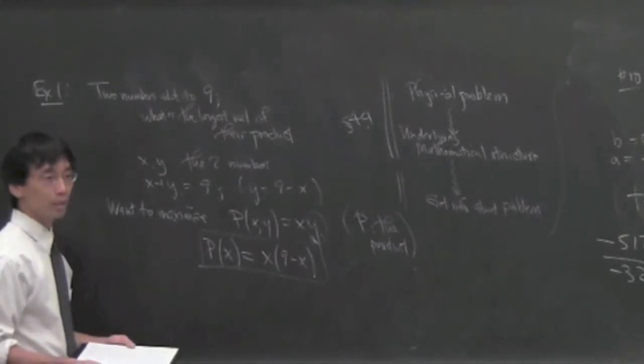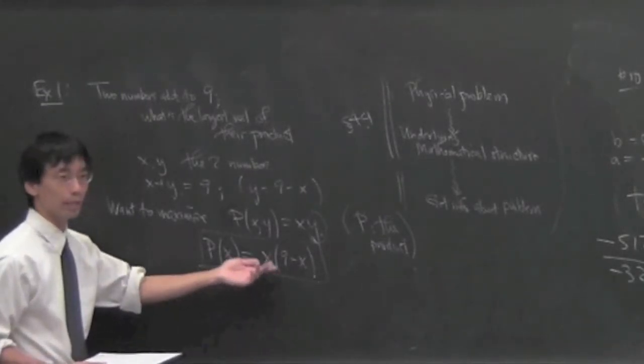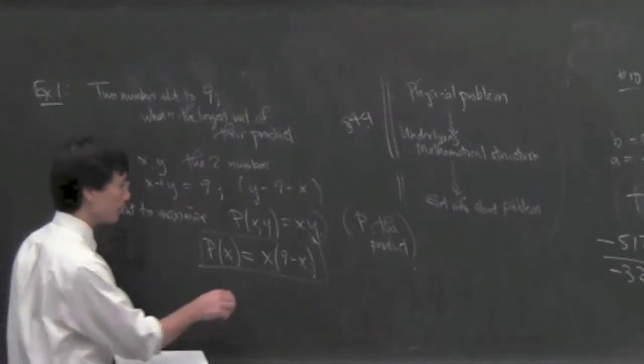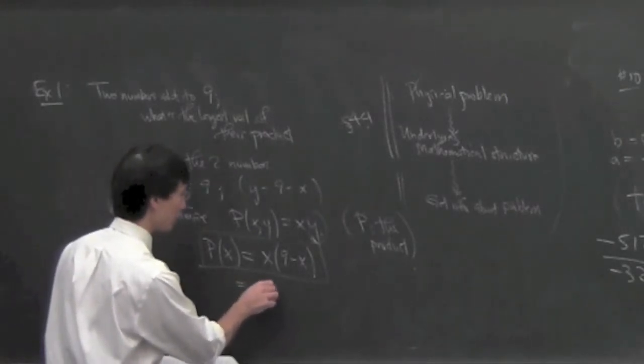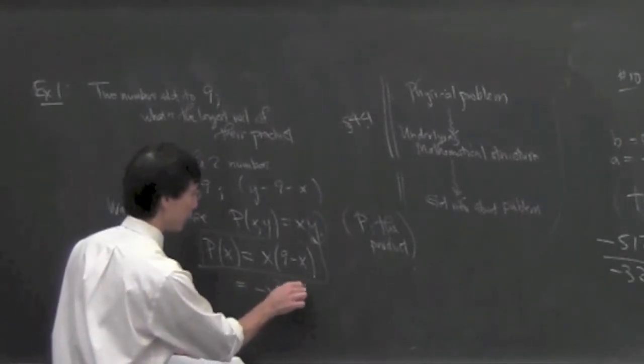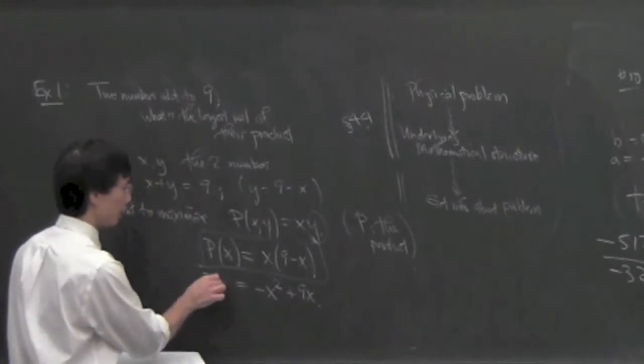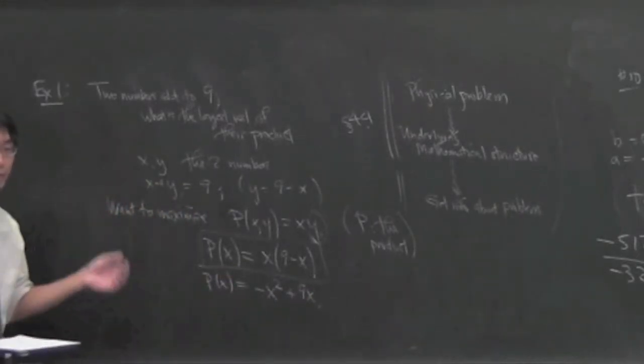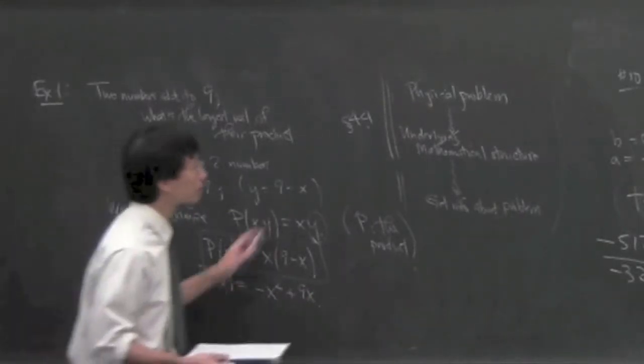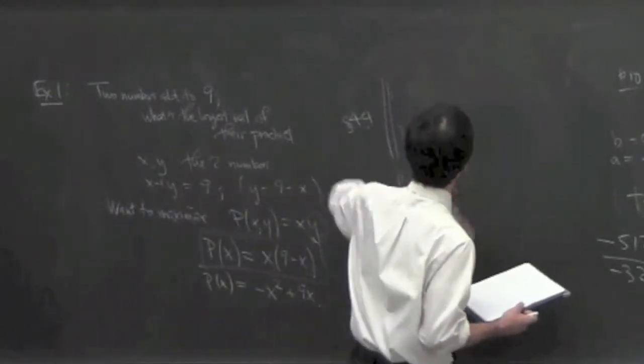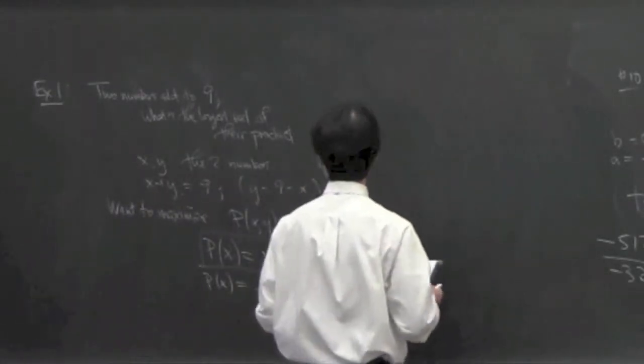Well, this thing is a quadratic. It's negative x squared plus 9x. And the question is, for what x is that maximized?